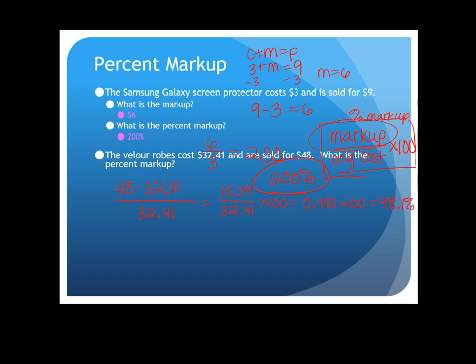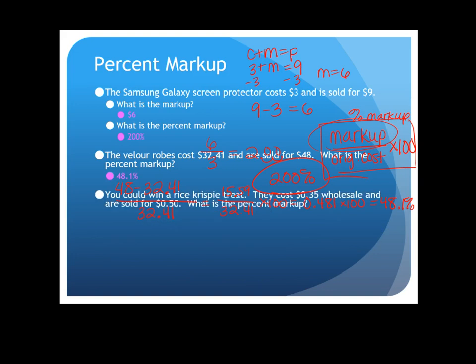So it was marked up almost 50%, which means it was marked up almost half of its original cost. So think about it, $32, half of that is 16. It was marked up about $16, which would give us 48. So that makes sense.